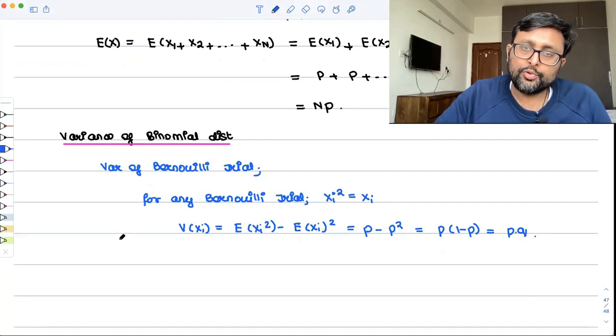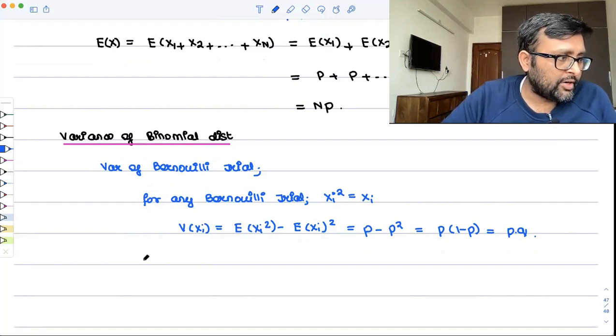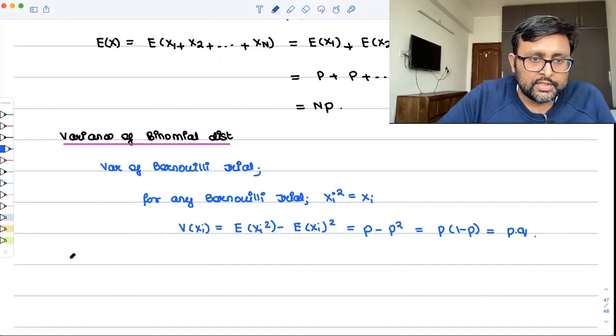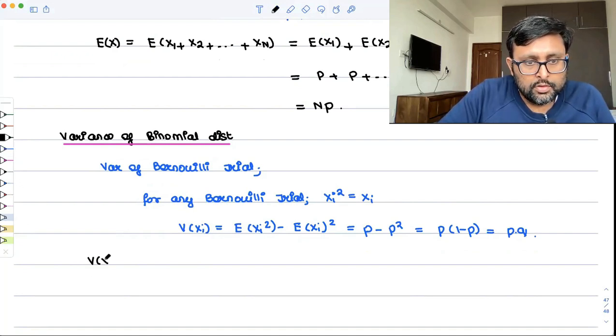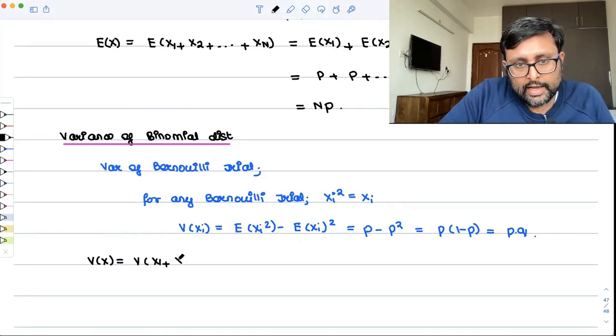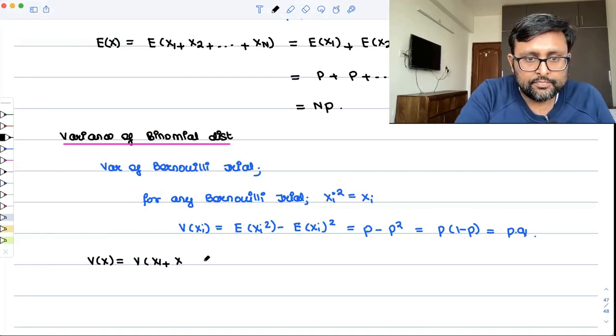Now, the binomial distribution is nothing but independent repeated Bernoulli trials. So the variance of x for the binomial distribution would be the variance of n independent repeated Bernoulli trials.